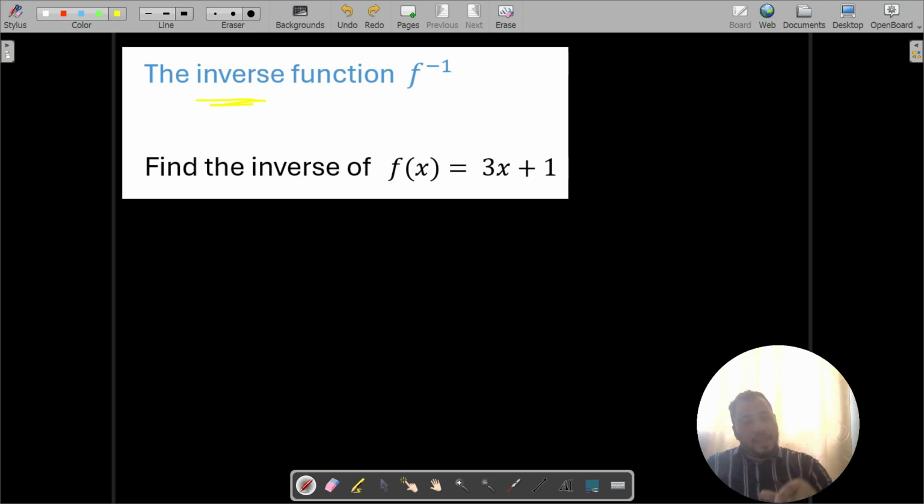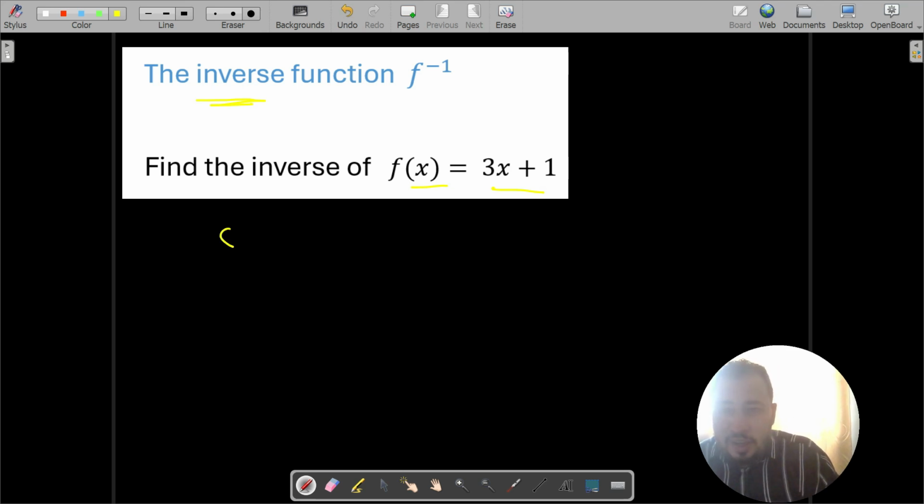The second way is to make y the subject, and we are going to explain both ways right now. First, let's draw the flow diagram of this. Here, what is your input? Because again, the inverse function is doing everything backwards, so your output is going to be your input. But first, let's find the flow diagram first.